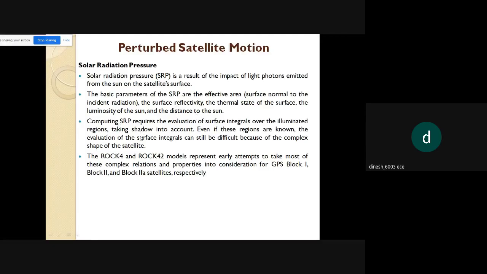Computing all this SRP requires the evaluation of surface integrals over illuminated regions, taking shadows of the radiations into account. Even if the regions are known, the evaluation of surface integrals will become more complex due to the shape of your satellite. So for that, they had attempted two models. One is the ROCK 4 and ROCK 42 models, which were used in Block 1, Block 2, and Block 2A satellites, respectively.